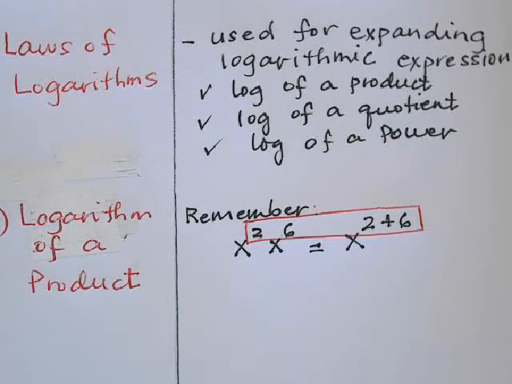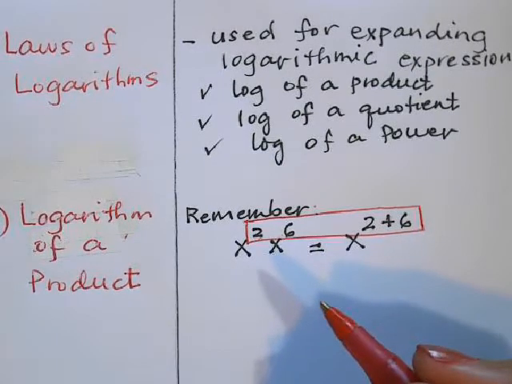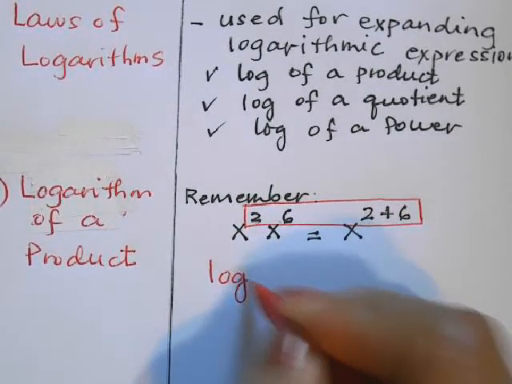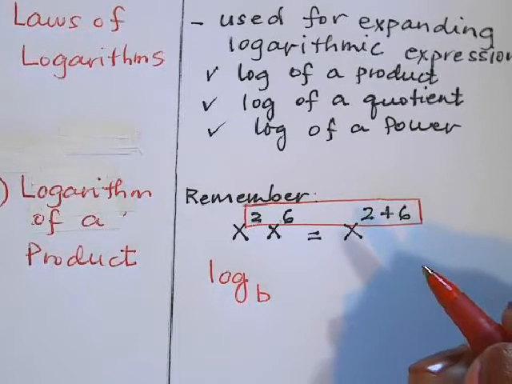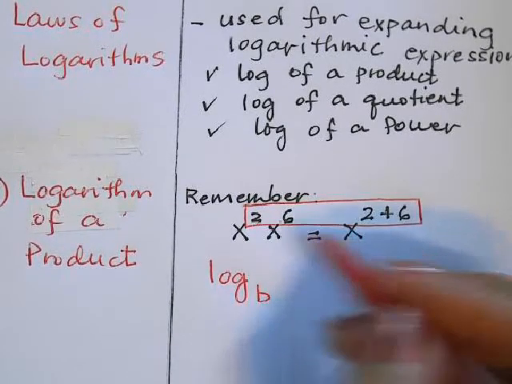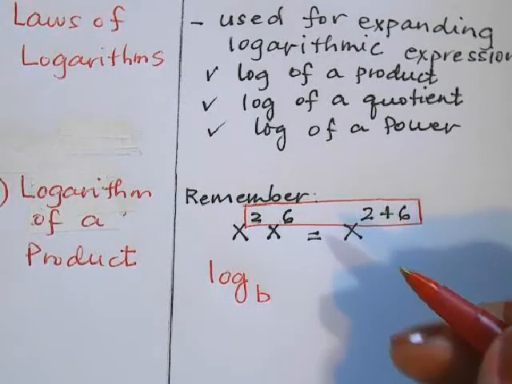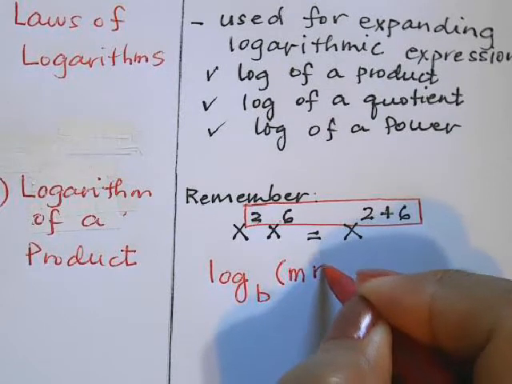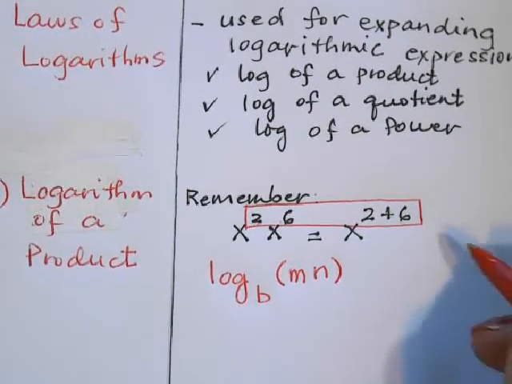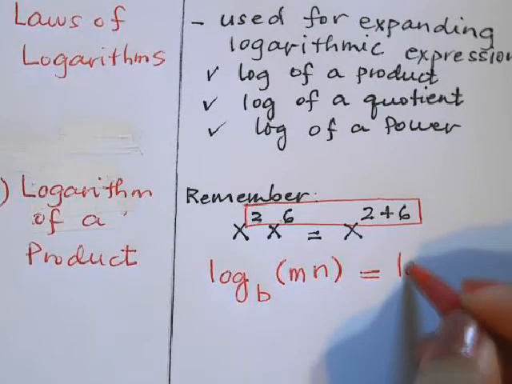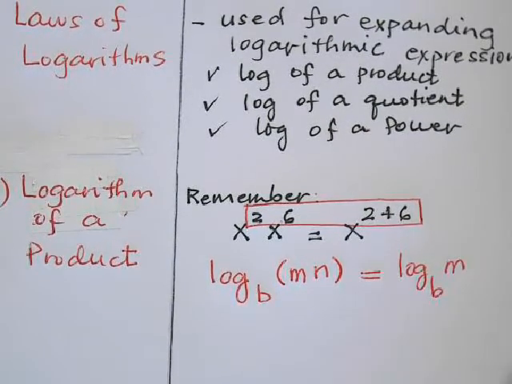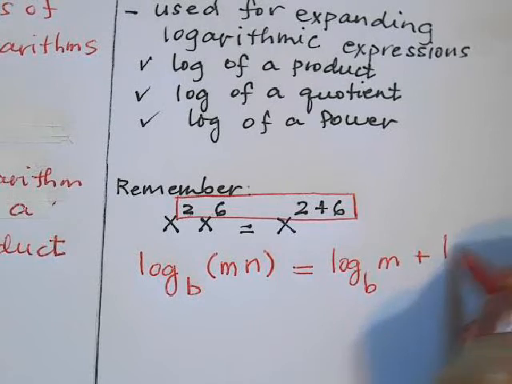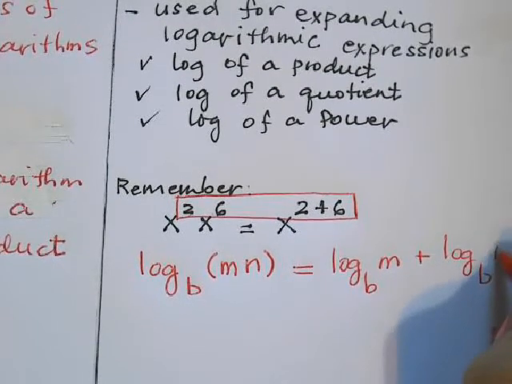So the first rule of logarithms, let's just write this in symbols. It says log base b, and they should have the same base, and the base should always be positive, of a product of two terms, let's say m times n. To expand that, that's equal to log base b of m plus log base b of n.